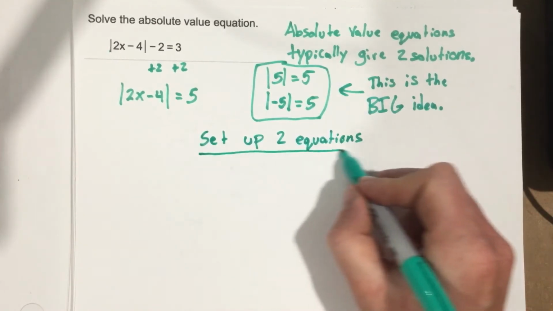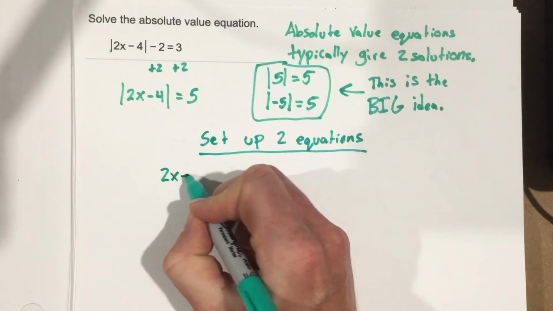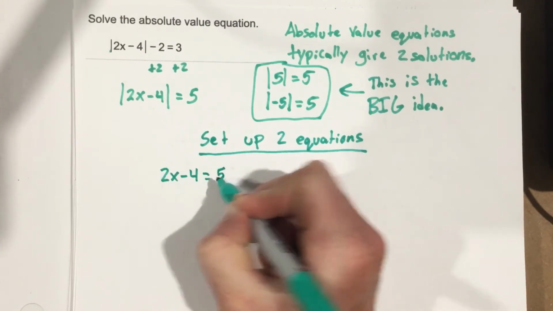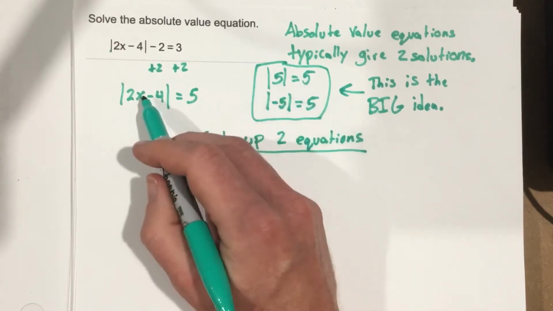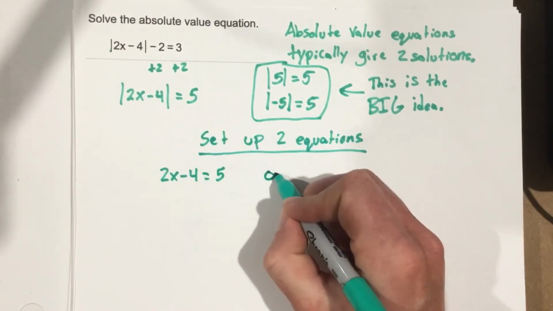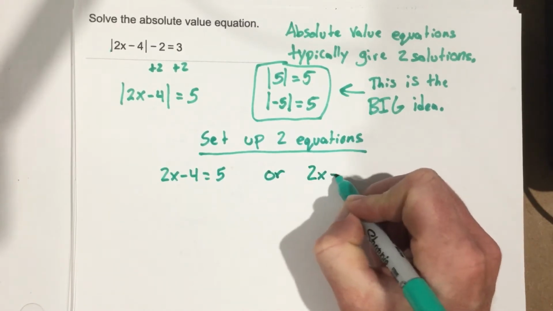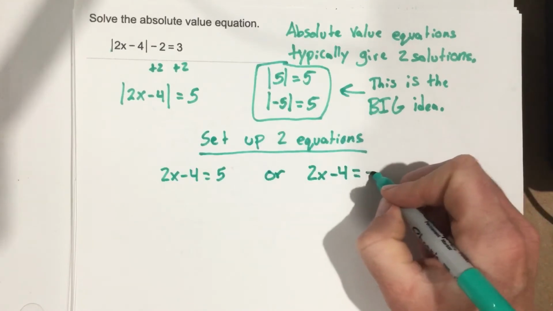Our first equation is, what if 2x minus 4 equals 5? That's coming from this portion, right? Absolute value of 5 is 5. So 2x minus 4 could equal 5 inside there. Or 2x minus 4 could equal negative 5.